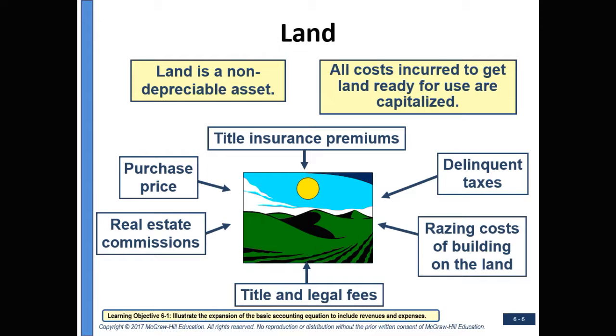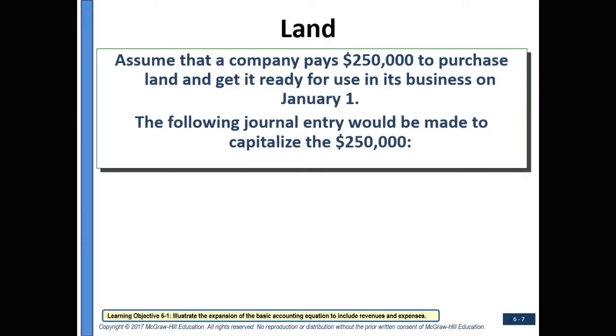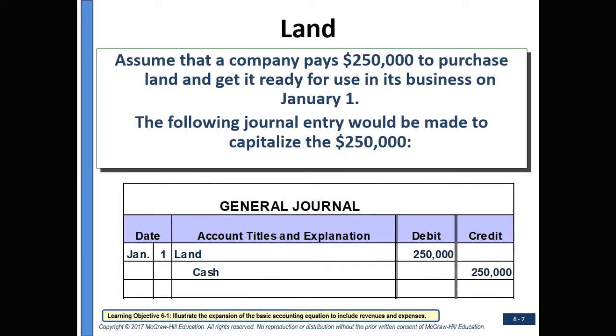Next, we're going to look at the acquisition of land. So let's assume a company pays $250,000 to purchase land and get it ready for its use on January 1st. The entry that we would use to capitalize the $250,000 purchase is we would increase the asset land through a debit, and then we would credit or decrease cash for what was paid.